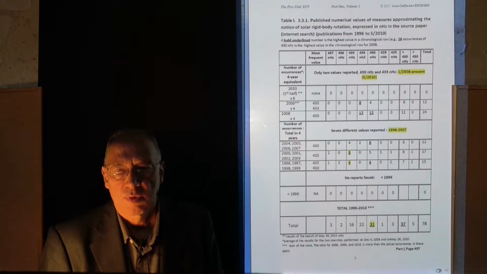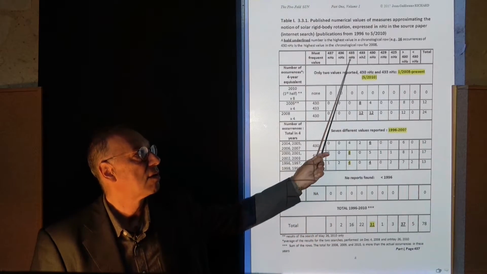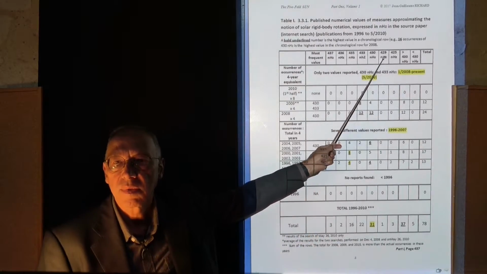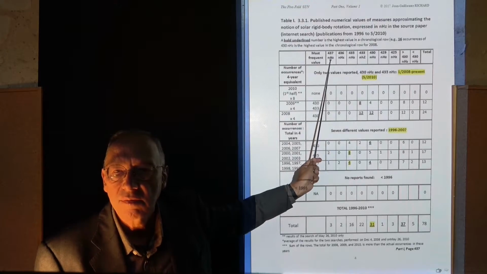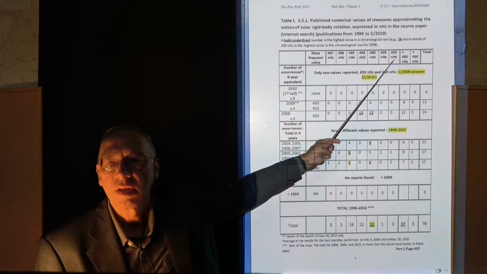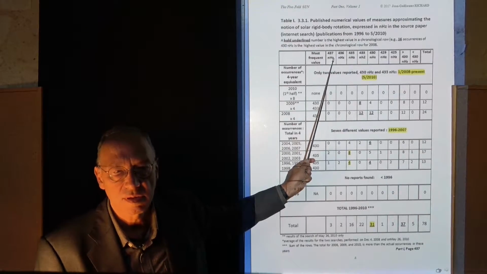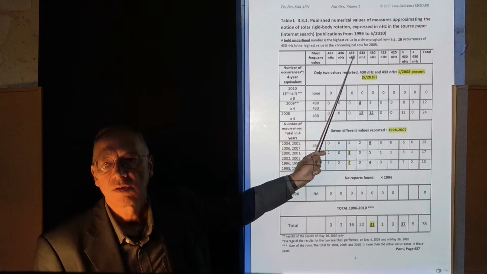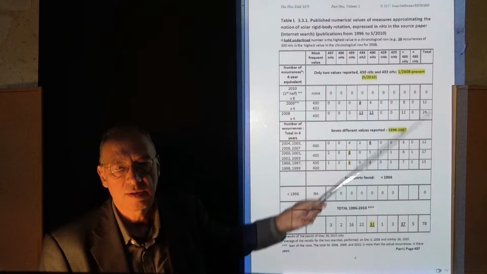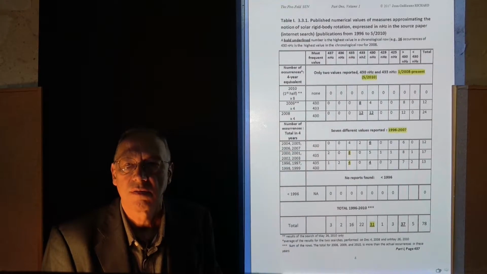This is a table that has the consecutive values of angular velocity in nanohertz from 425 to 437 nanohertz. That is covering the entire span of published estimates for the rigid rotation of the Sun.